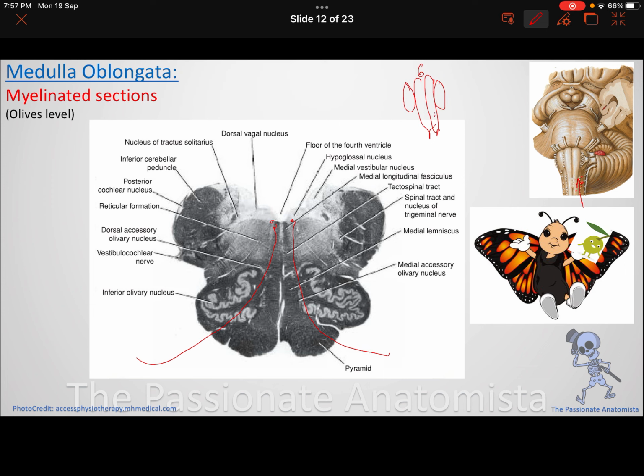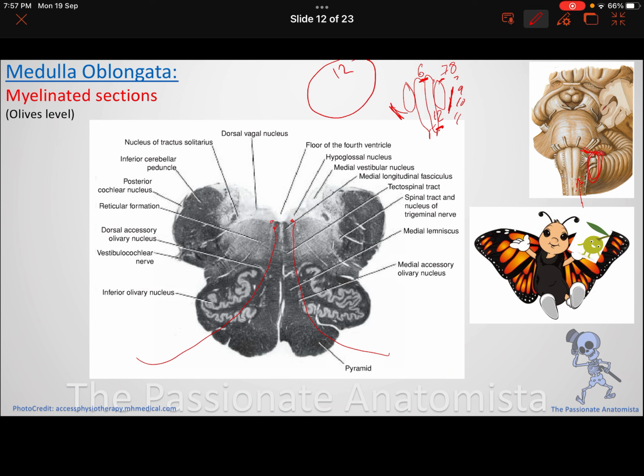Number 12 is gonna be down here, and then you have 7 and 8 here up here. This is 7 and 8 at the pontomedullary junction, and now you have 9, 10, 11 at the sides. Okay, on the side here you have 9, 10, 11. So this is 6, 7 and 8, 9, 10, 11, and 12 is down like the clock.